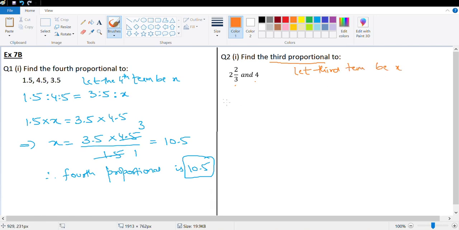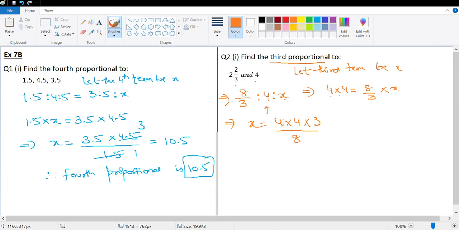What we know then is 3 into 2, 6 plus 2, 8, which means 8 upon 3 is to 4 is to x are in continuous proportion, which means 4 into 4 will be equal to 8 upon 3 into x. Yes, that's correct. B square is equal to A into C, and B in this case is 4. So B square is equal to A into C, which means x would be equal to 4 into 4 into 3 upon 8.